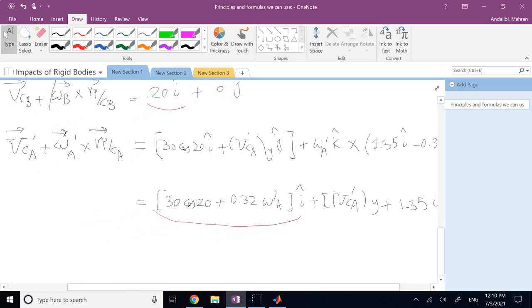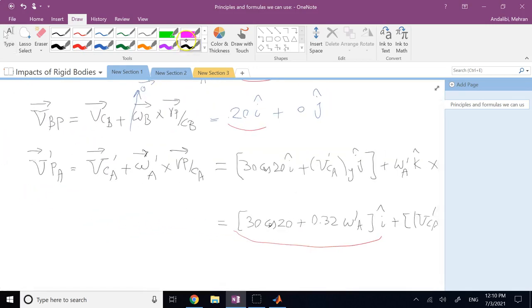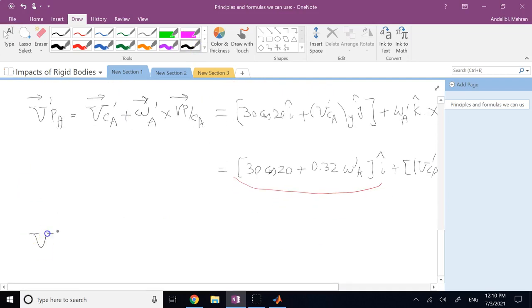Okay, and then I have to apply something similar for point P on B. So this V prime CB, correct? It has an x component and a y component.